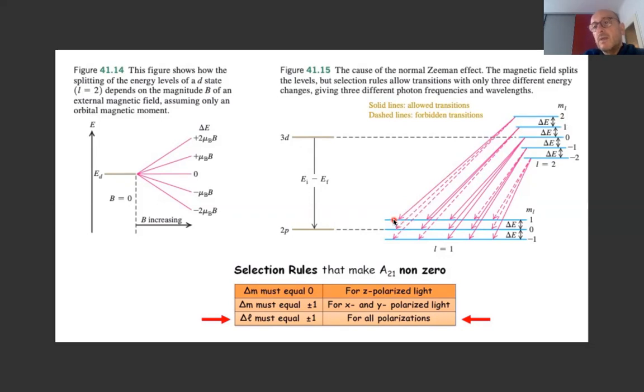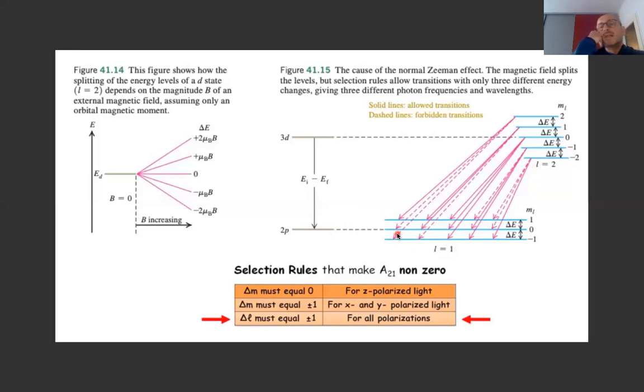So the delta M in this case will be just equal to -1. But if I make a transition, looking at the dotted lines, from a state here with M equal to 2 to an M equal to 0, that cannot be possible, because that will mean making a delta M equal to -2. And delta M equal to -2 is not possible, because the amplitude for a transition between this state and that state is very small.